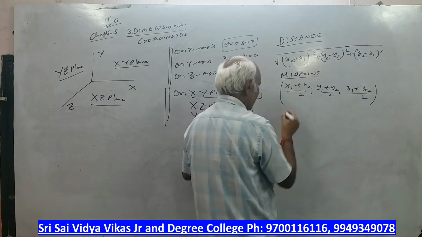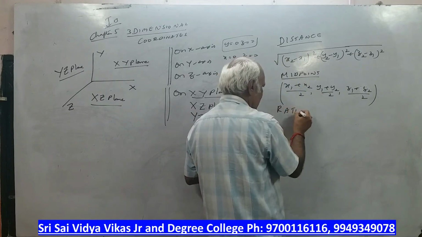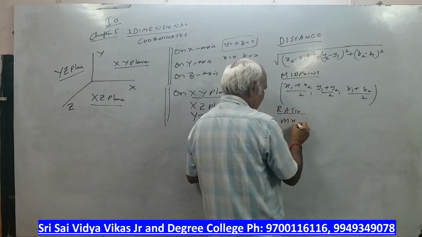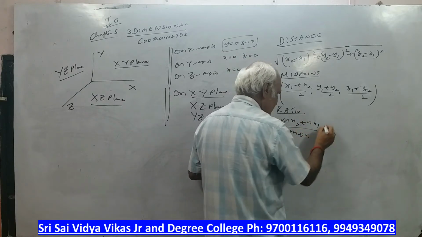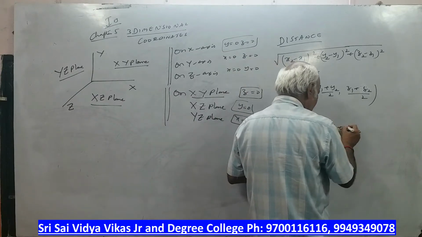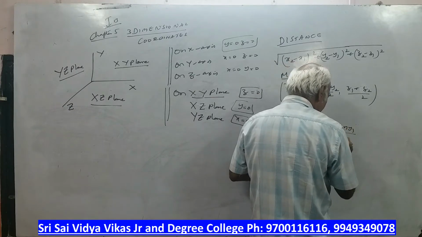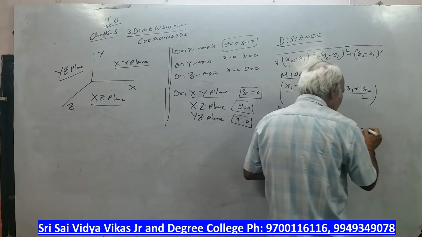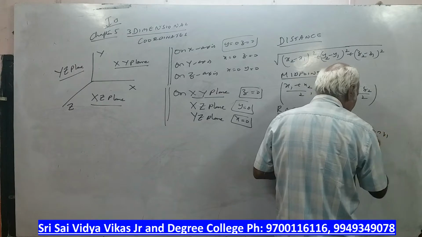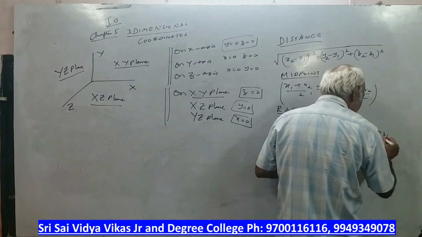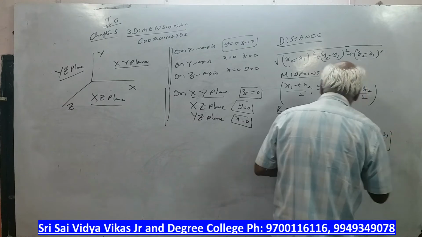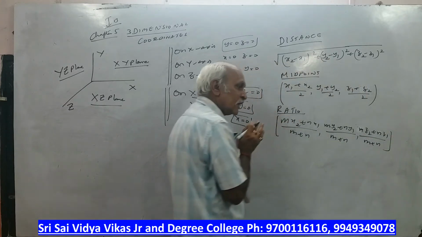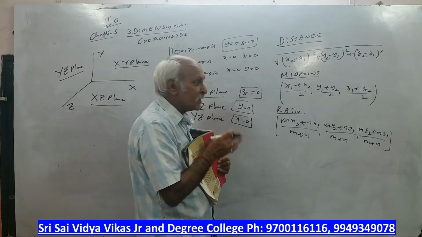Right? Next, ratio. mx2 plus nx1 by m plus n, my2 plus ny1 by m plus n, last one mz2 plus nz1 by m plus n. Right? There is no area of the triangle formula, sir. Ratio will be there.